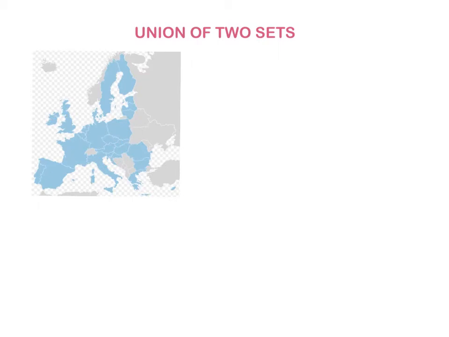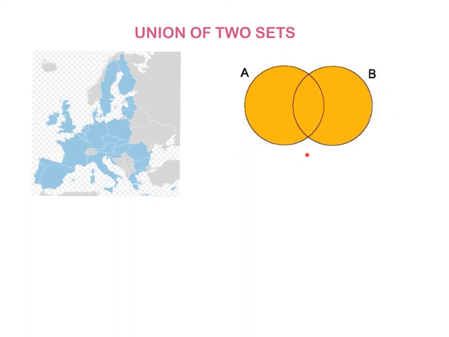So what does it mean in our Venn diagrams then? If you look at our sets, our circles, you have circle A and circle B, and both of the sets are colored in yellow. What does it mean? This is union: everything in A and everything in B. Like a marriage, union.